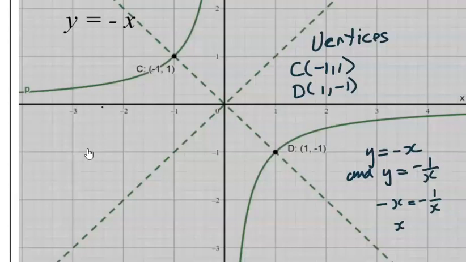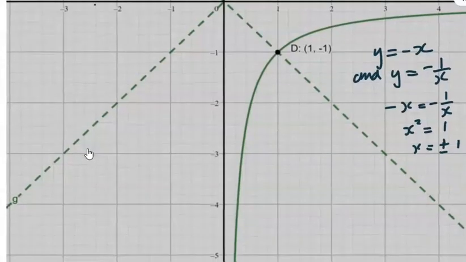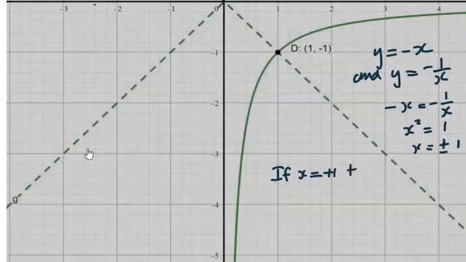Again, we will have x squared equal to 1, so x is equal to plus or minus 1. And because of the negative sign there, if x is equal to plus 1, then y is equal to minus 1. If x is equal to minus 1, then y is equal to plus 1. So there we swap the signs. So these are the vertices.